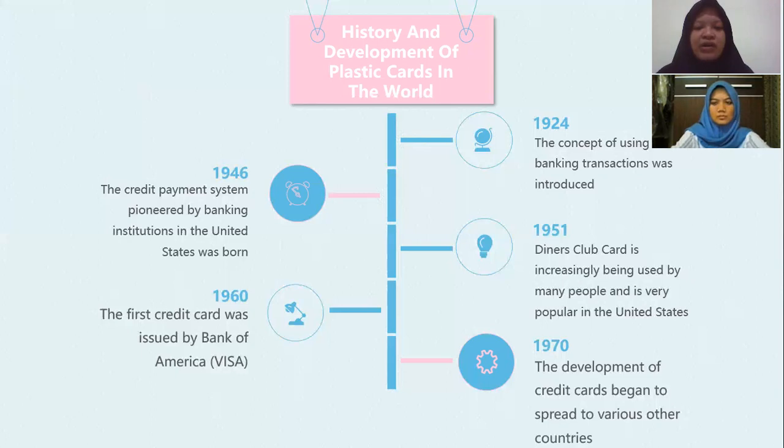The rules are getting clearer. The goal is for this business to thrive. So from here, the development of credit cards began to spread to various other countries, such as Europe, Arabia, Africa, Australia, Asia, and in Indonesia.